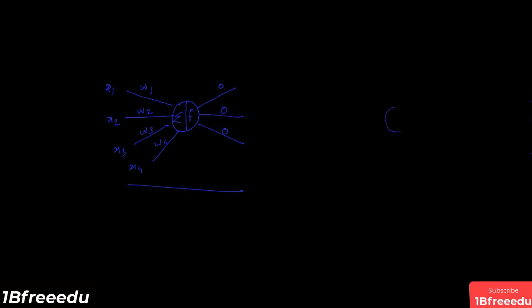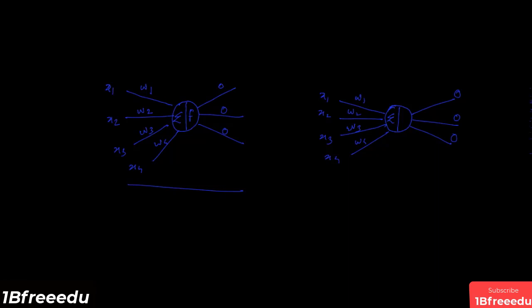We have the cell body of the artificial neuron, and the inputs x1, x2, x3, x4 coming in with weights w1, w2, w3, w4. Here we do the weighted sum of these inputs and weights, and then this artificial neuron produces output, right?